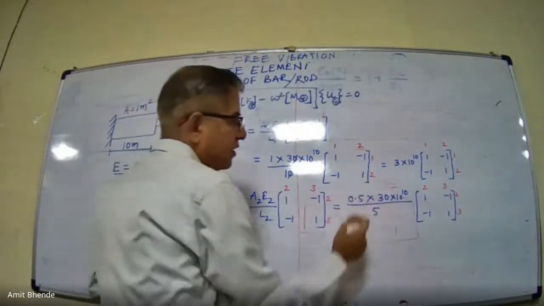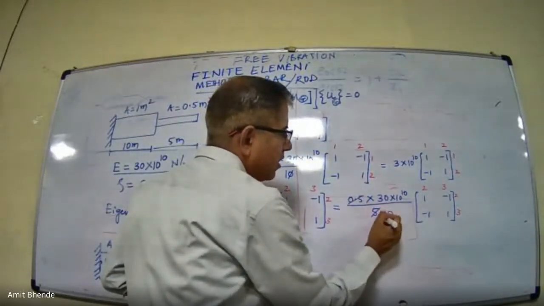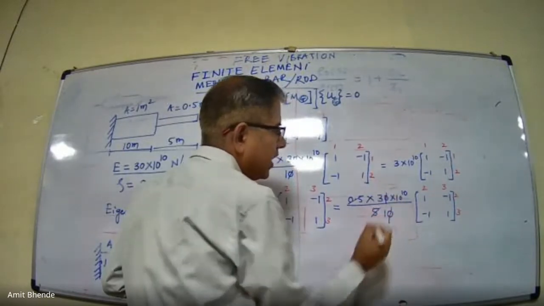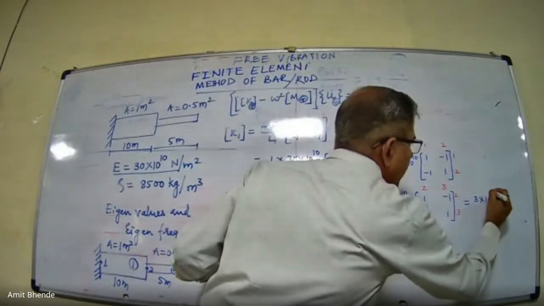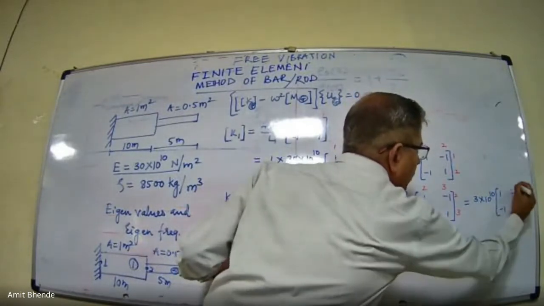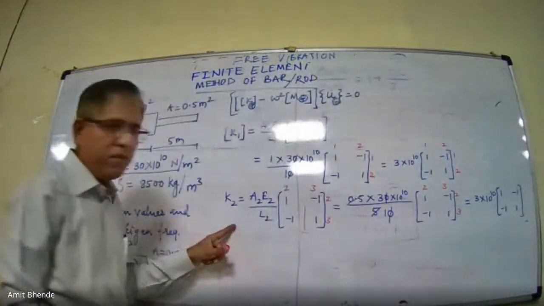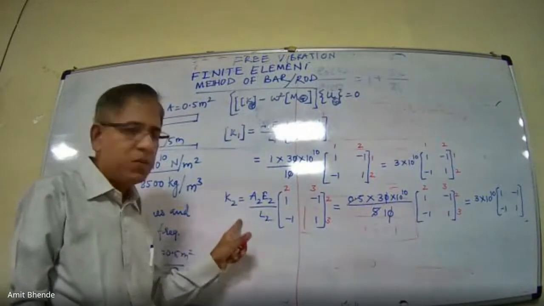And if you solve it, this is 10 and this will get cancelled. So again, the answer is 3 into 10 to the power 10 times [1 -1; -1 1]. So in this way, we have obtained the element stiffness matrices.